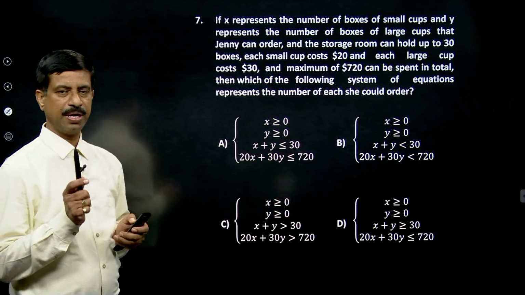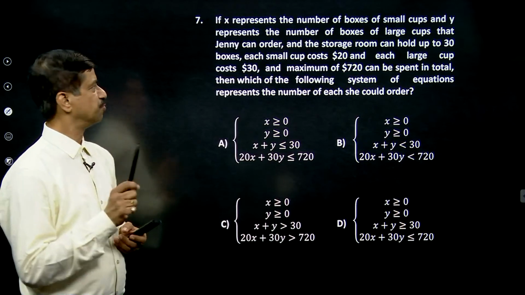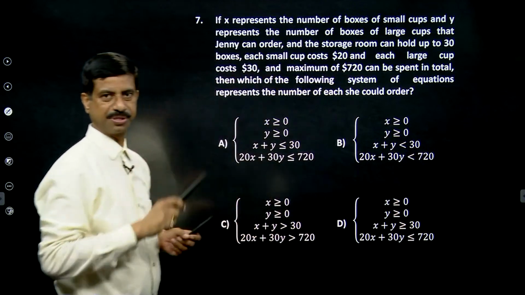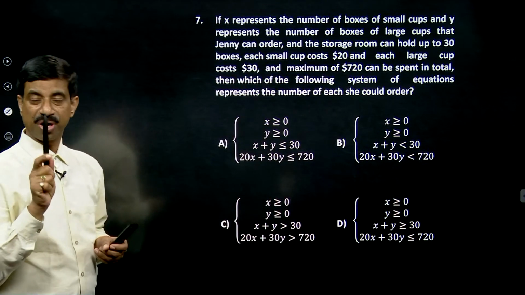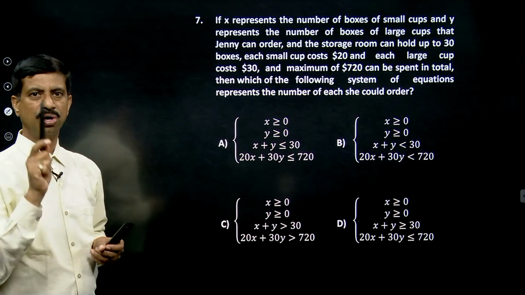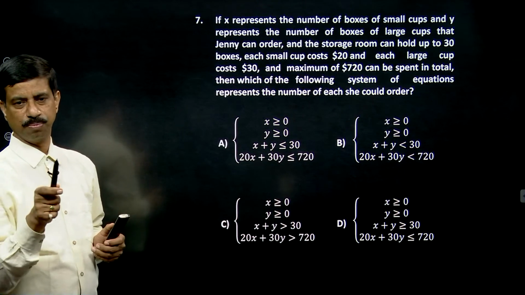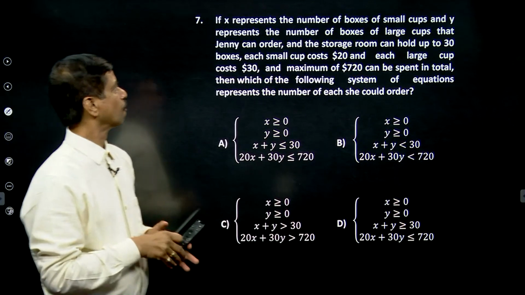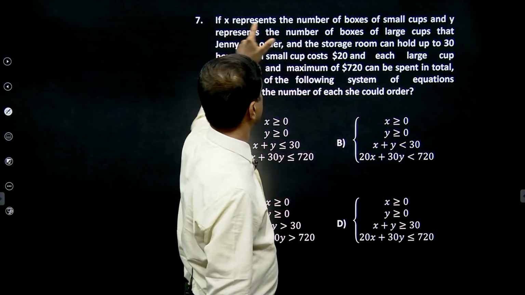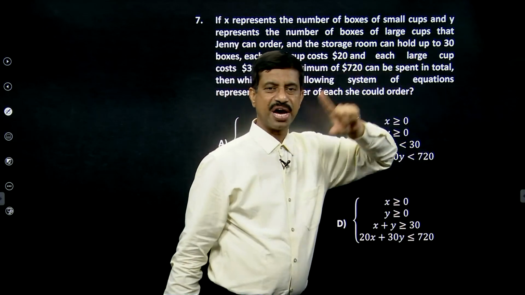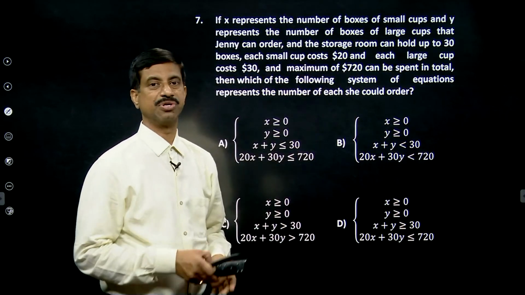So children, observe, x is what? The number of boxes of small cups. The number of boxes can never be negative. Either it should be 0 or greater than 0. So x should be greater than or equal to 0, and y represents the number of boxes of large cups, which should also be greater than or equal to 0.